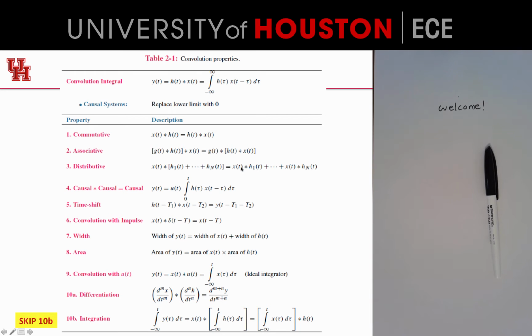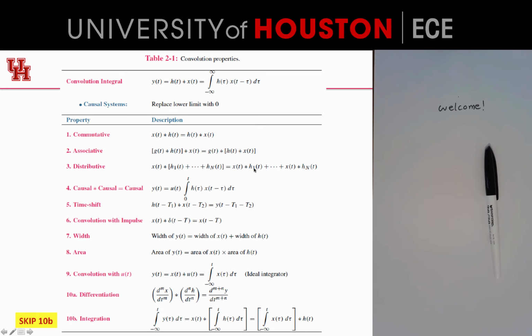This is a surprisingly powerful idea. It's telling us that you can take a signal, say h of t, and represent that as a sum of other signals, maybe simpler ones, and then convolve it with x of t.